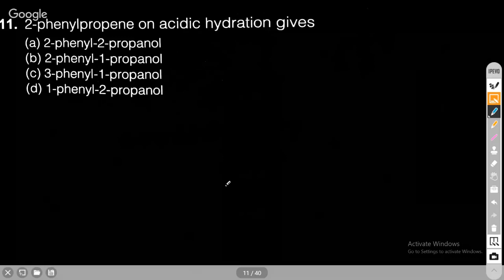Question number 11. Next one. 2-phenyl propene on acidic hydration. Write down the structure first of this molecule and try to get the product.